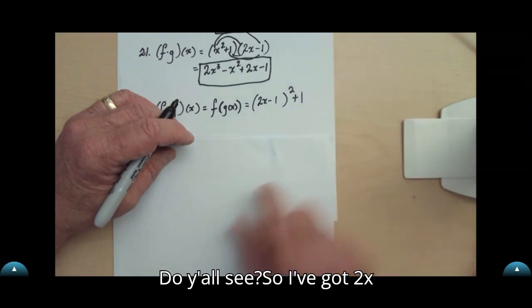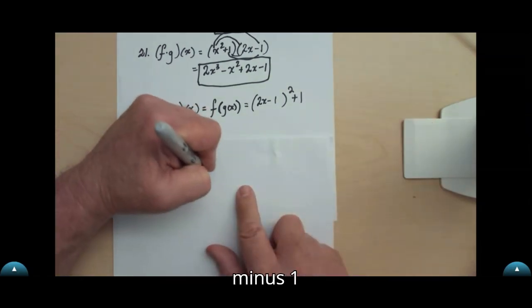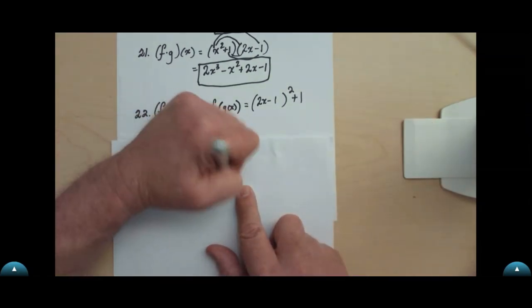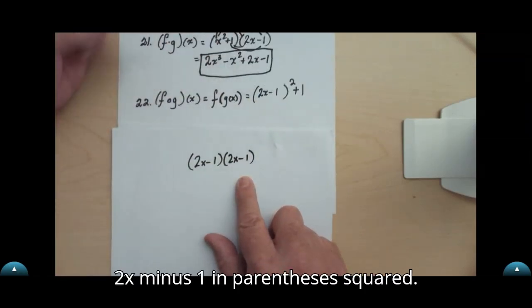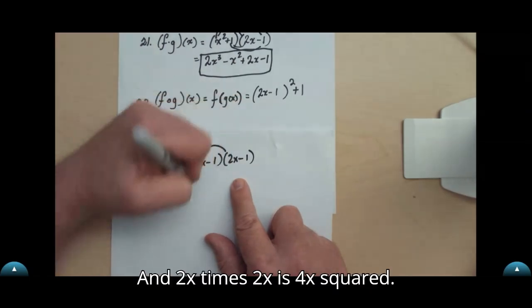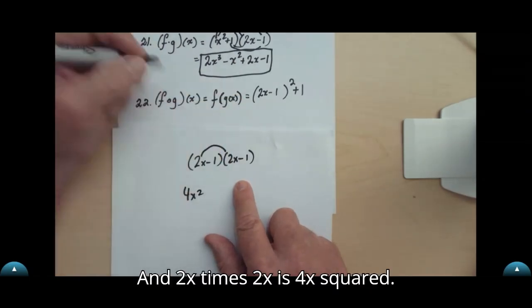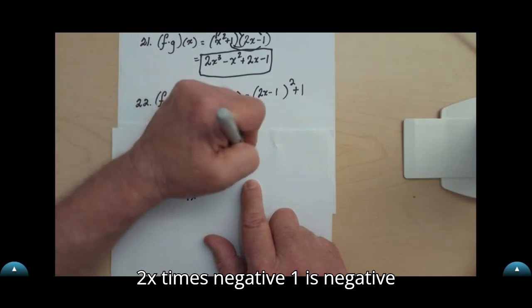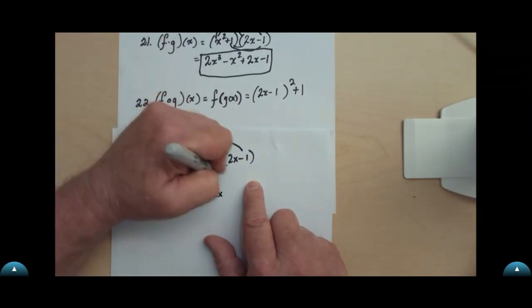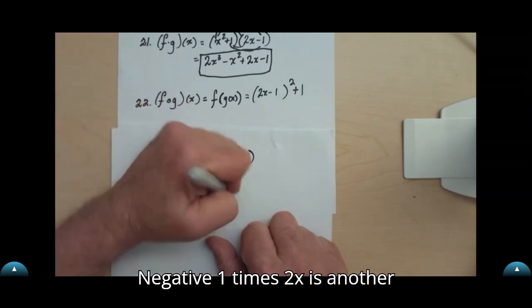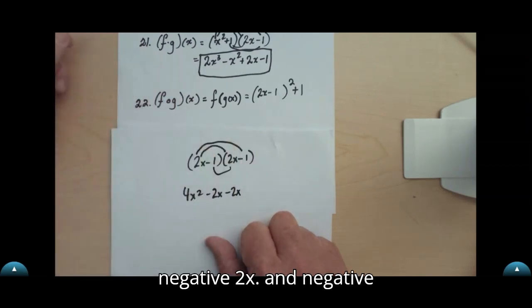Do y'all see? So I've got 2x minus 1 times 2x minus 1. That's 2x minus 1 in parentheses squared. And 2x times 2x is 4x squared. 2x times negative 1 is negative 2x. Negative 1 times 2x is another negative 2x.